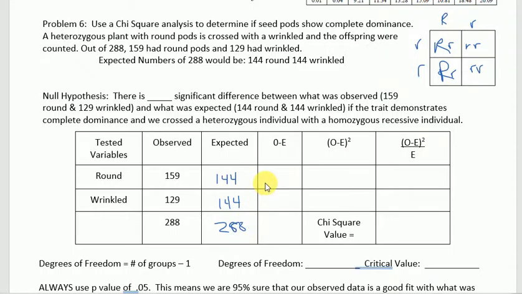Our observed minus our expected in each case happens to be 15. So we're going to square that. Gives us 225. And 225 divided by 144 would be 1.56 for each one.